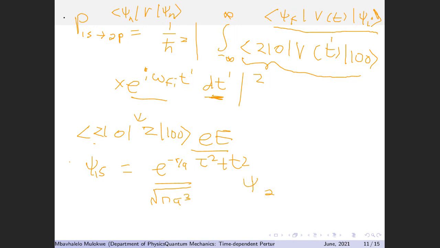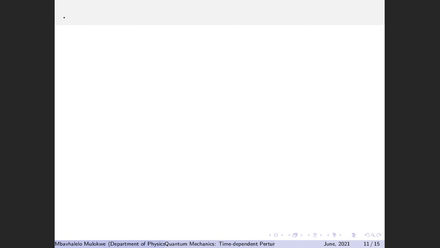Then psi 2p is given by the radial wave function R21 times Y10. If you put everything there, you get 1 over the square root of 8 pi a cubed, r over 2a, e to the minus r over 2a, and cos theta. So you just plug this into your expressions, and you then find that ⟨210|z|100⟩ gives you the integral from 0 to infinity.